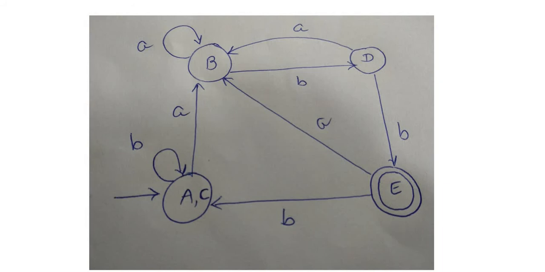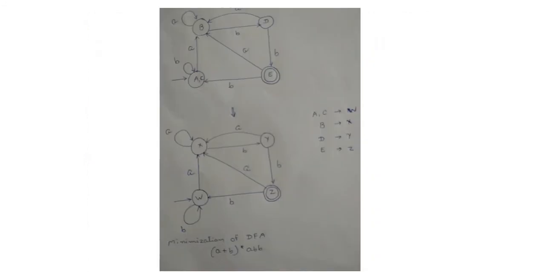Sometimes these combined states are given a new name, like A comma C is indicated by W, B state is indicated by X, D state is indicated by Y, and E state is indicated by Z. So your minimized DFA or minimal DFA will be like this: W, X, Y and Z. So W on A goes to X, W on B goes to W. These combined states are given a new name.